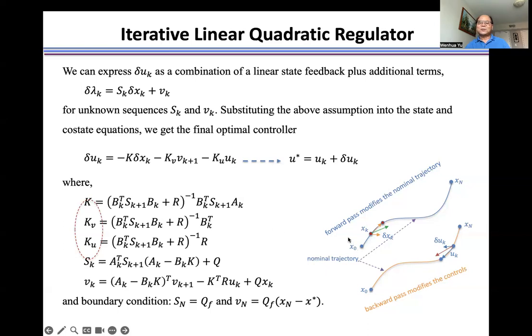Then we use this new control to generate a new nominal trajectory. And then we alternate this forward pass and backward pass until we get a convergent result.